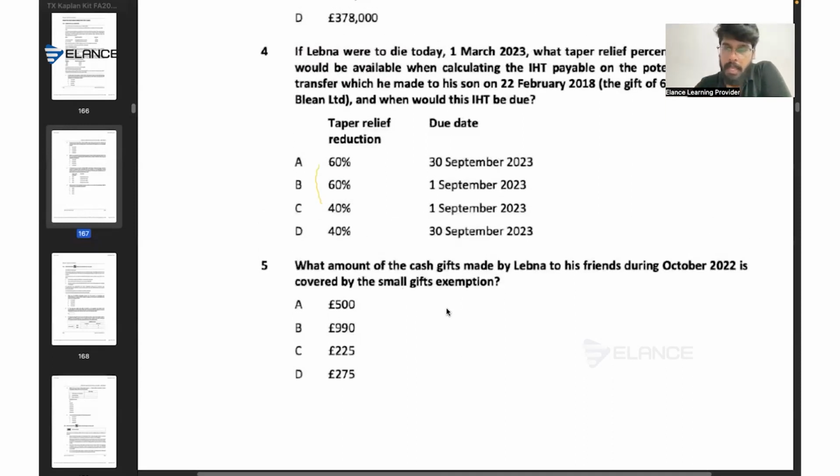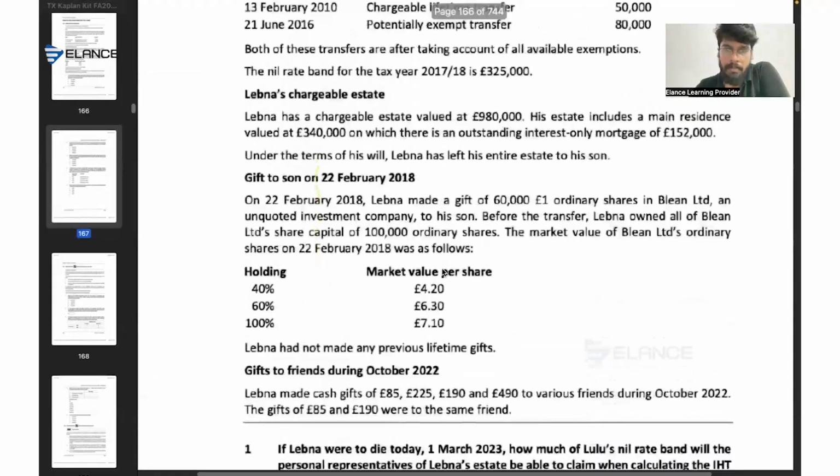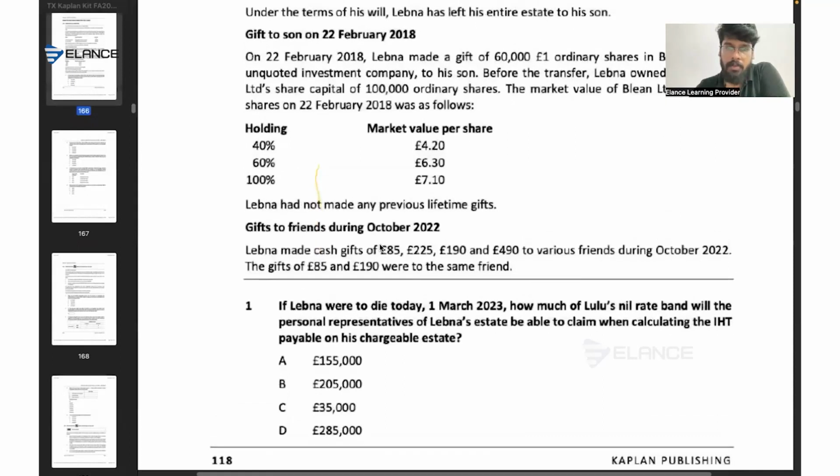Okay, here actually Lebna had made some transfers to his friends. Look at the last portion of the question. Lebna made cash gifts of 85, 225, 190, and 490 to various friends during October 2022. So this transfer was made in the 2022-23 tax year.